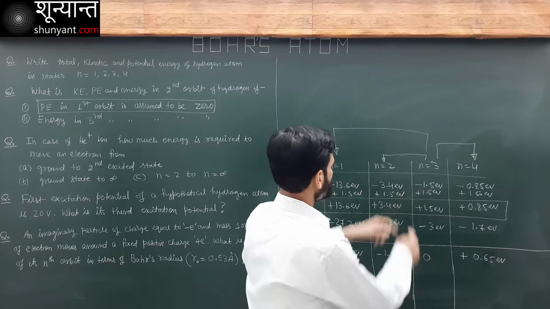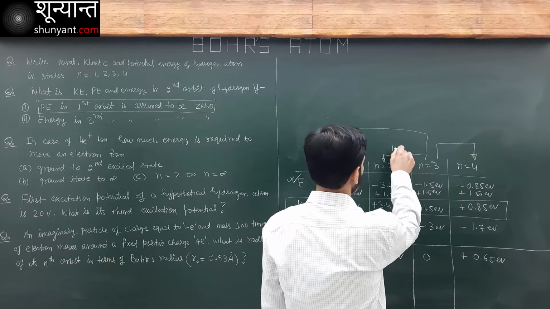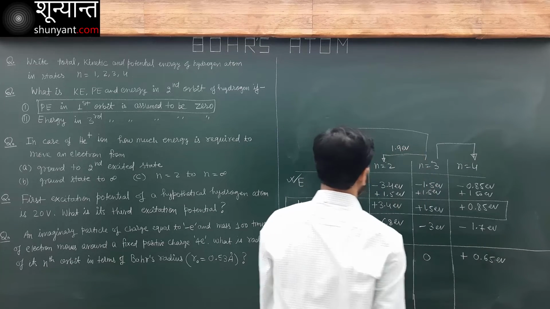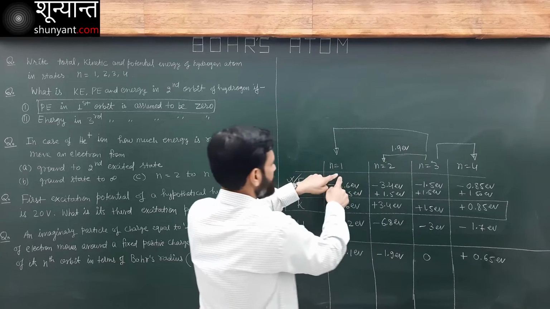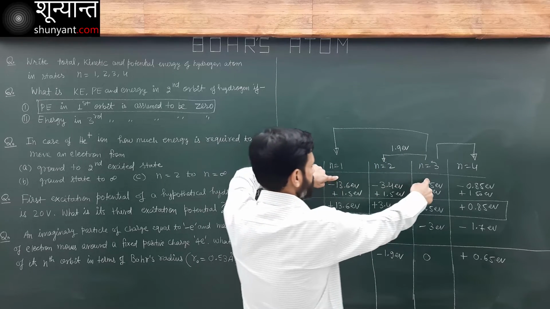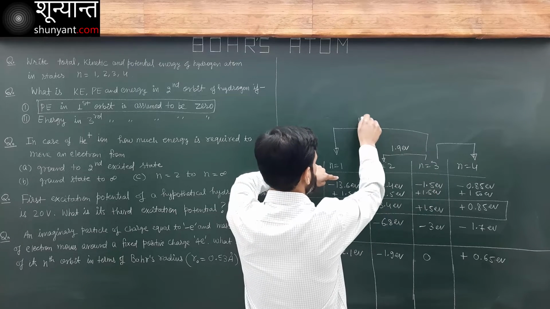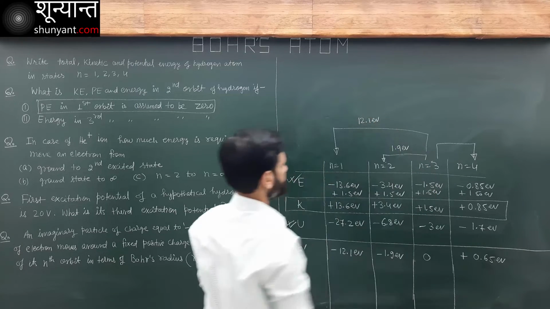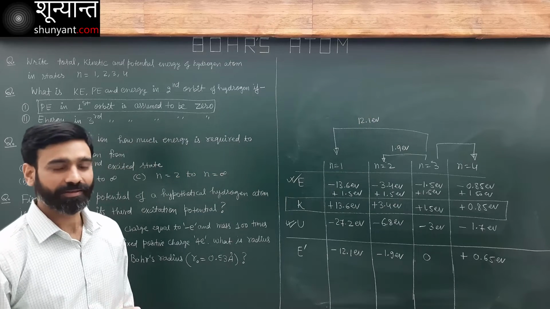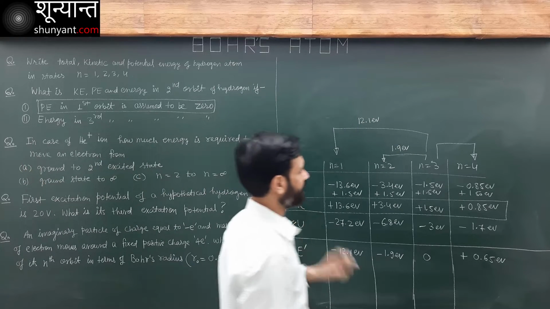Between this and this it was 1.9 electron volt. Between this and this is 13.6, minus 13.6, so this becomes 12.1 electron volt. The difference remains constant.